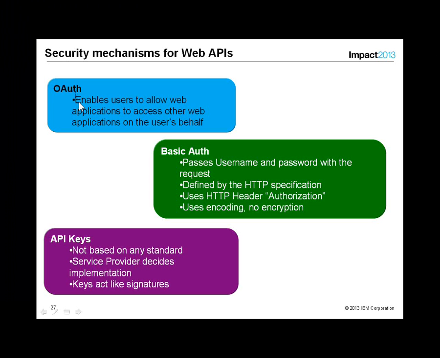This is a protocol, a security protocol that enables users to allow web applications to access other web applications on their users' behalf. Let's say you're on TechGig.com, right? And TechGig.com gives you an option to import your profile information from LinkedIn, right?